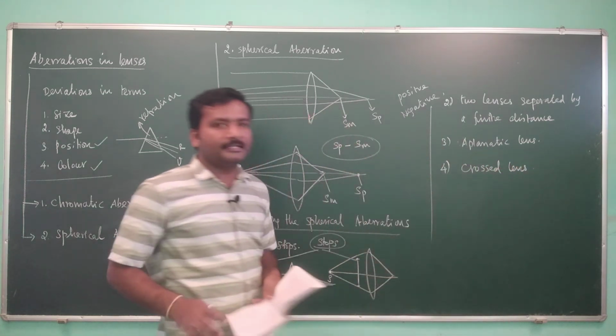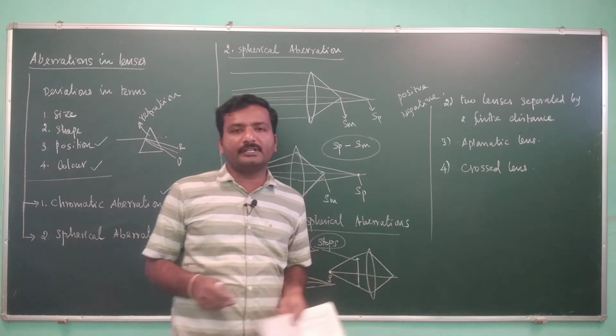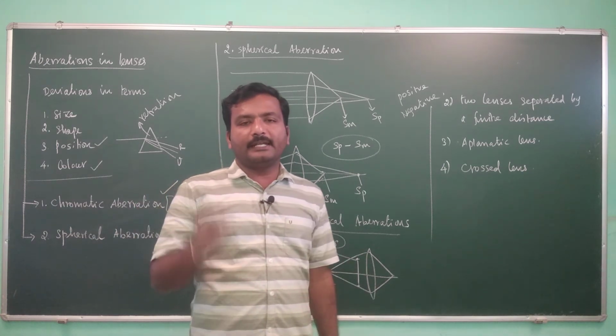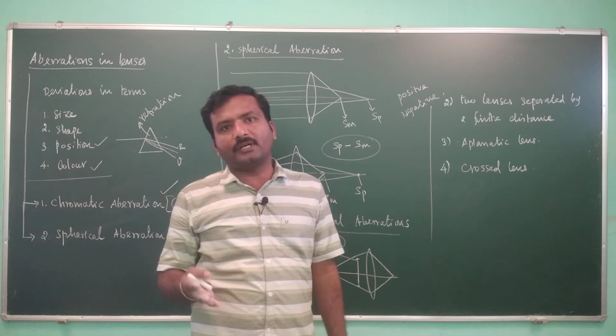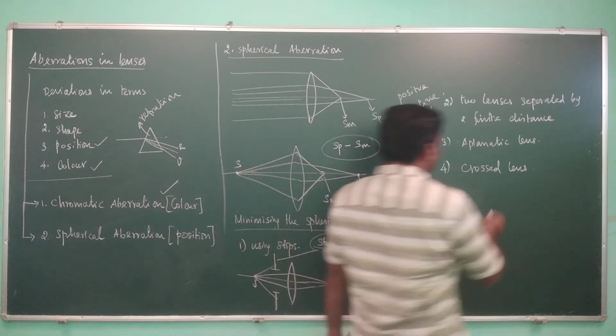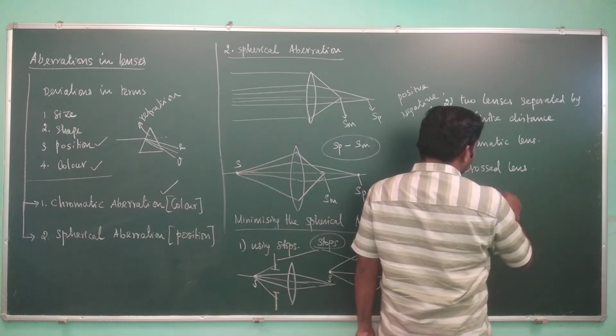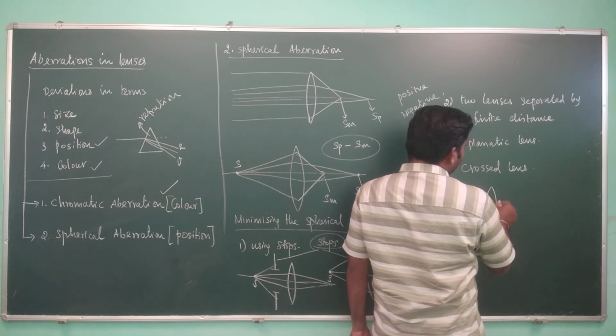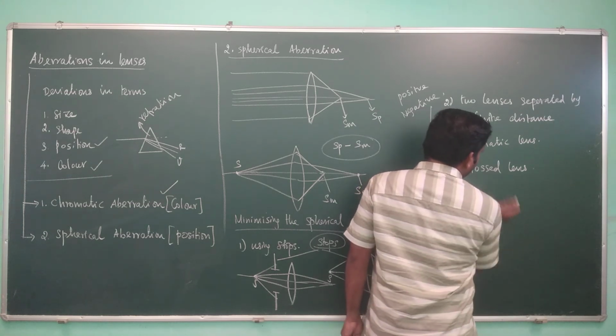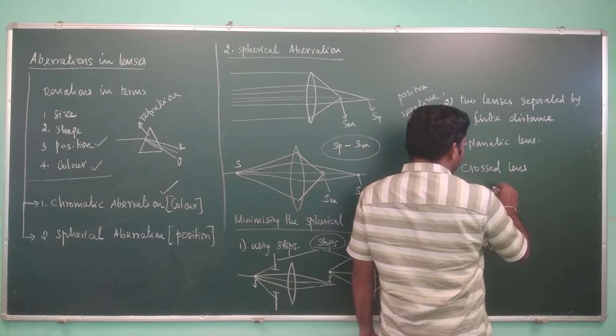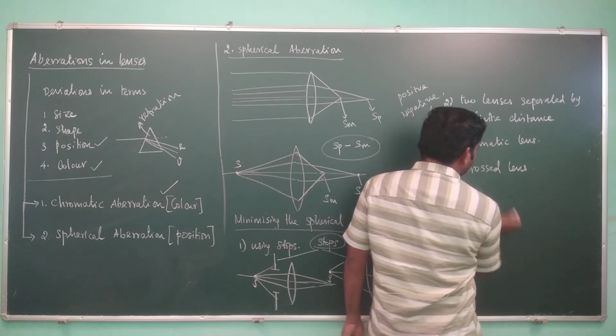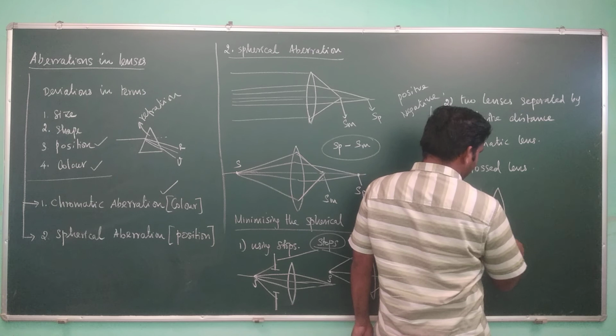A crossed lens is nothing but a convex lens with two different radii of curvature. Generally we use R1 and R2, having two different curvatures. One is like this, another one is like this.